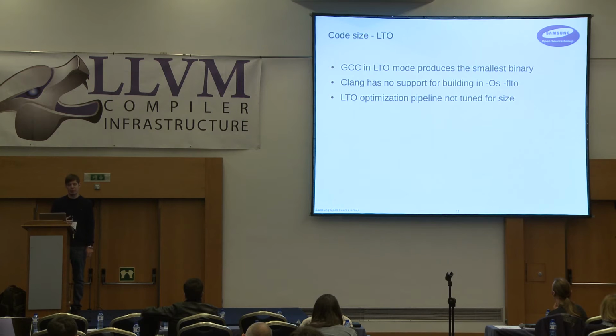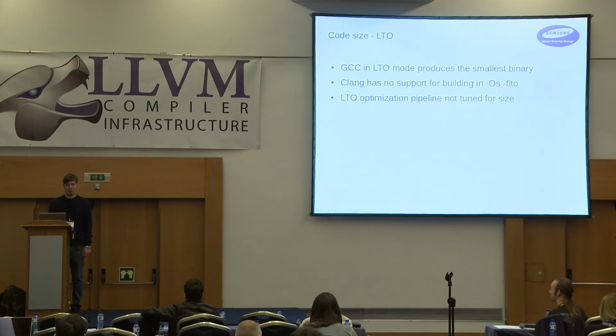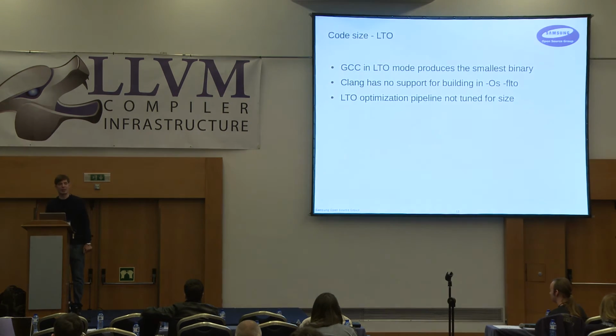But I would assume that once this is added, we should also see a good code size improvement with Clang LTO, just by the fact that there's more context to optimize, more dead code which can be detected, things like that. So even without doing any specific code size optimizations, I would think that there's already some improvement there.